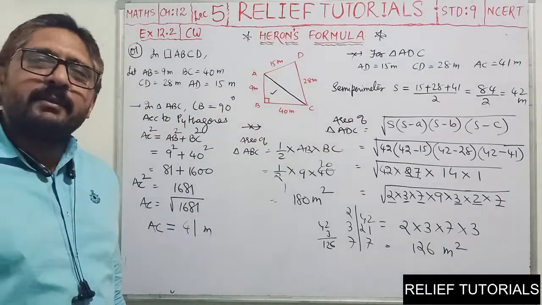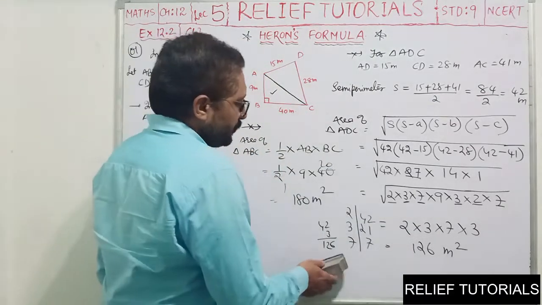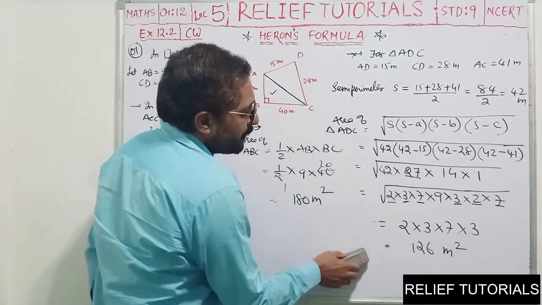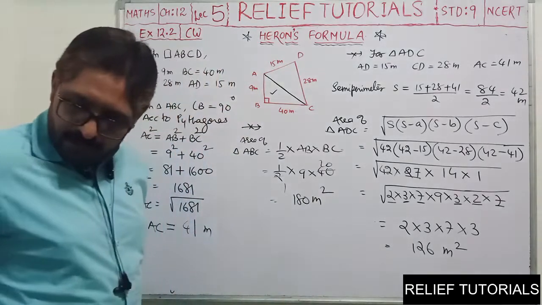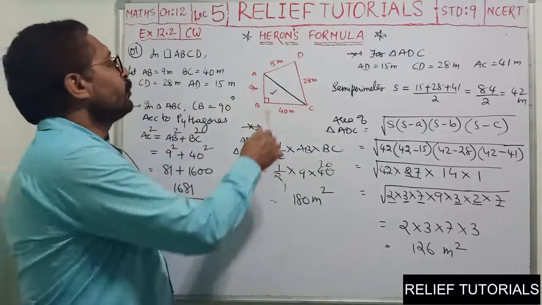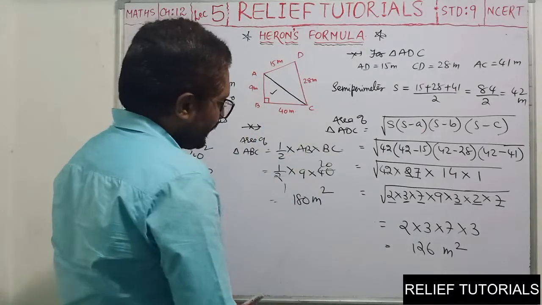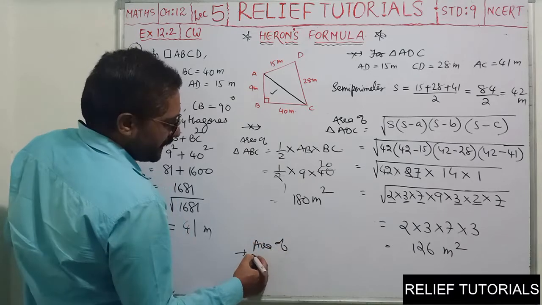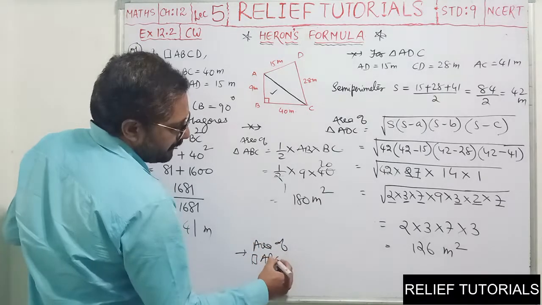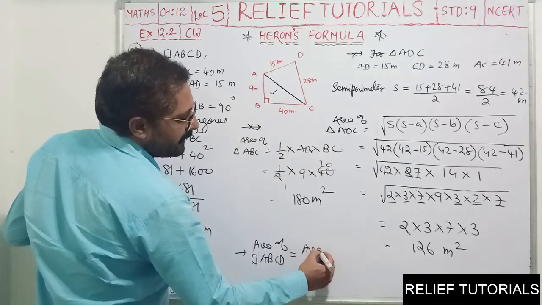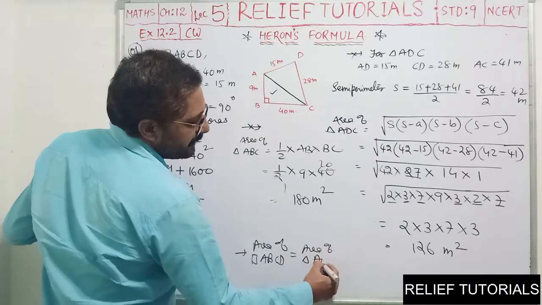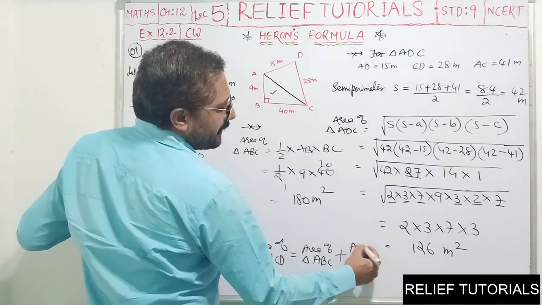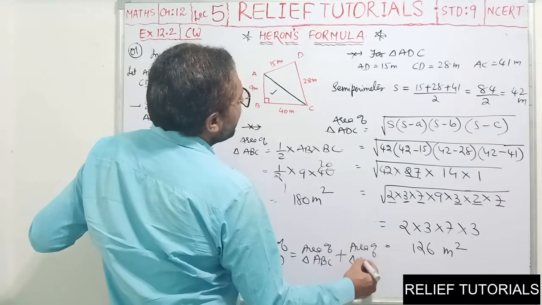So simple, we have the measures of three sides of a triangle, and you know how to find the area by using Heron's formula. Now you got the area of both triangles. You want to find the area of quadrilateral ABCD. So area of quadrilateral ABCD is equal to area of triangle ABC plus area of triangle ADC.